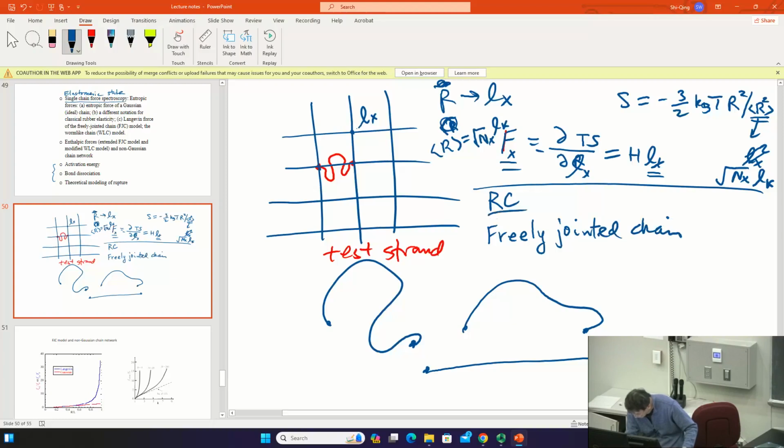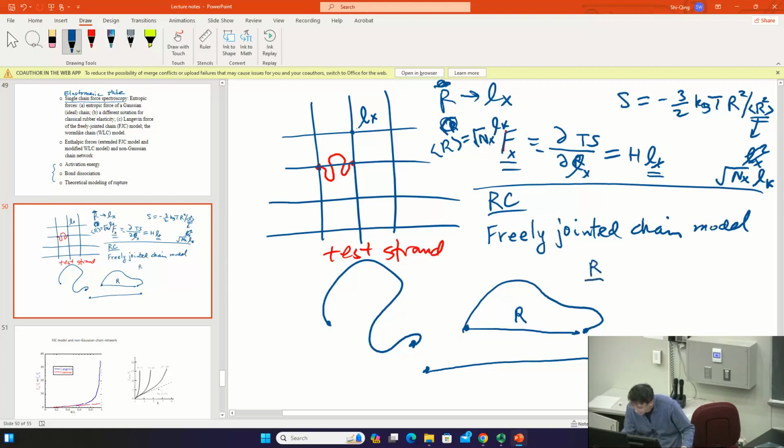This book talks about it, so I will not go into any detail except to indicate that any end-to-end distance, if I call that R, I know I'm switching my notations back and forth. I hope you are not confused by this. So basically, I'm taking a unit which is the strand.